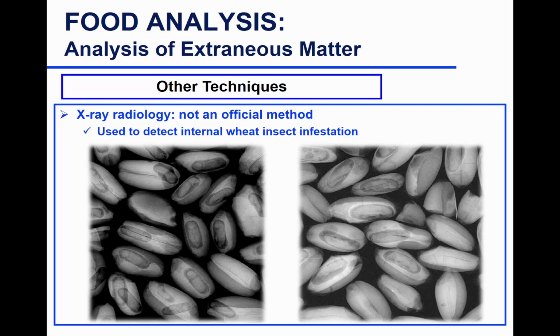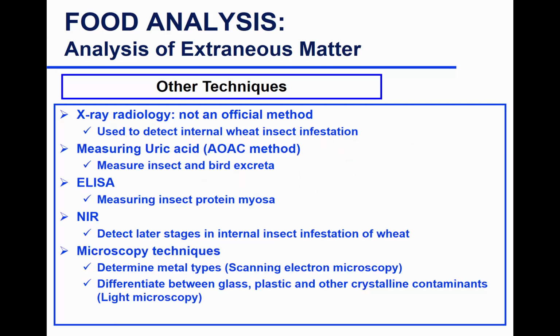But anyway, we are eating the insects, and one way of looking at the infestation in wheat is by doing X-ray radiology and then counting the wheat. You can see the larva here visibly inside of the infested wheat. While X-ray radiology is used to count those infested, it's not really an official method.